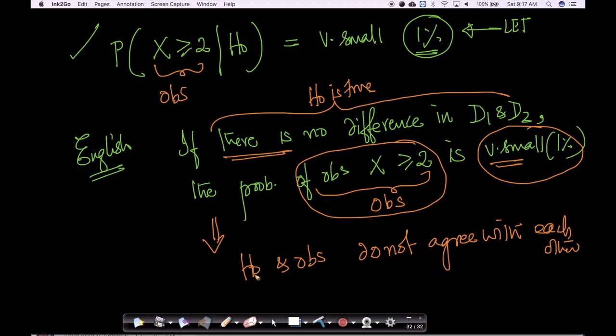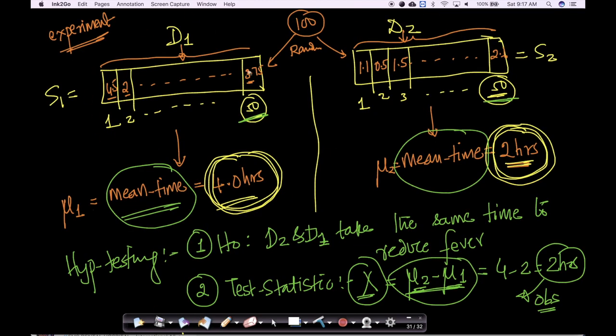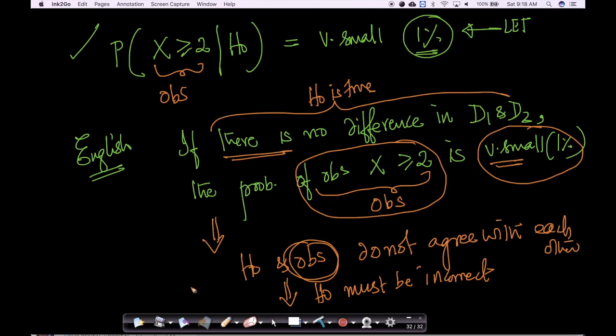And hence my null hypothesis and observation do not agree, which means my null hypothesis must be wrong, must be incorrect, because my observation cannot be incorrect. Remember, my observation is something that I've already observed empirically through the experiment. It cannot be wrong. I've already observed this.